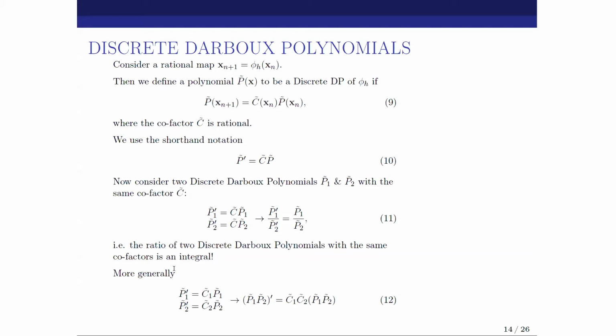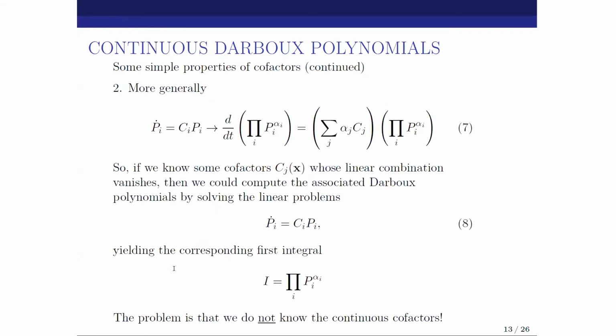And more generally, now we're going to have a product of double polynomials, same product as we had before. The product of the p's like that is going to be an integral, but now we're not going to get the sum of the cofactors, we're going to get a product of the cofactors, and so it's not the sum that has to be 0, but the product has to be equal to 1.